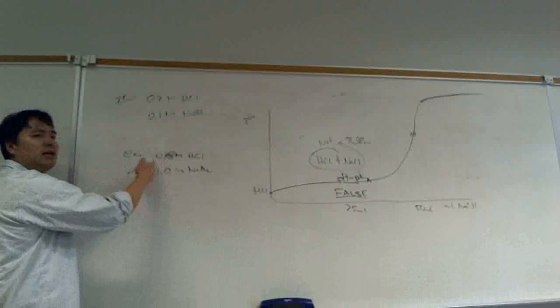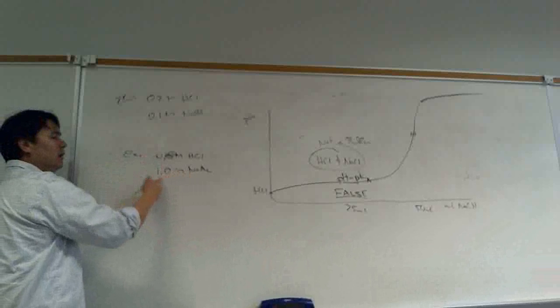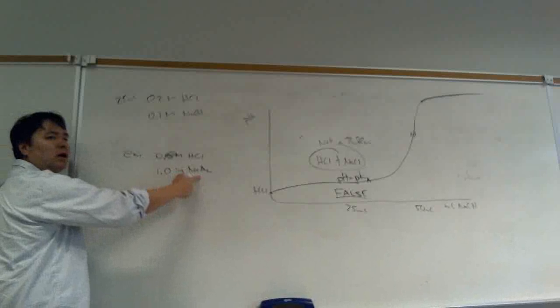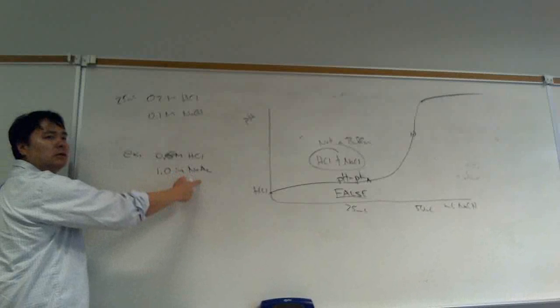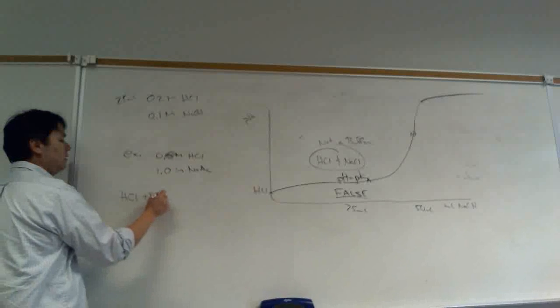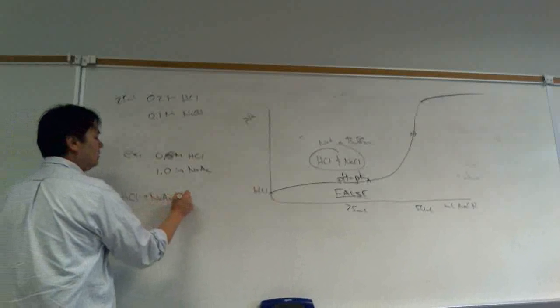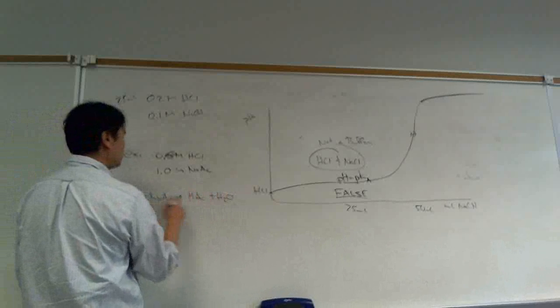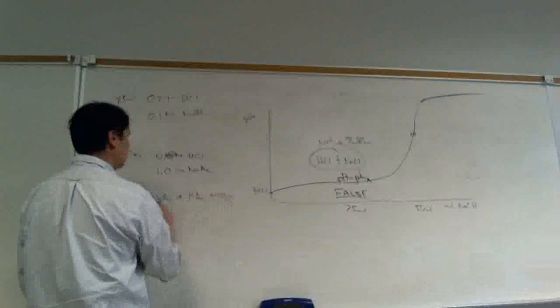So we consume all the HCl and we're left with sodium acetate left over and the product, which is NaCl. HCl plus sodium acetate yields acetic acid plus salt, sodium chloride.